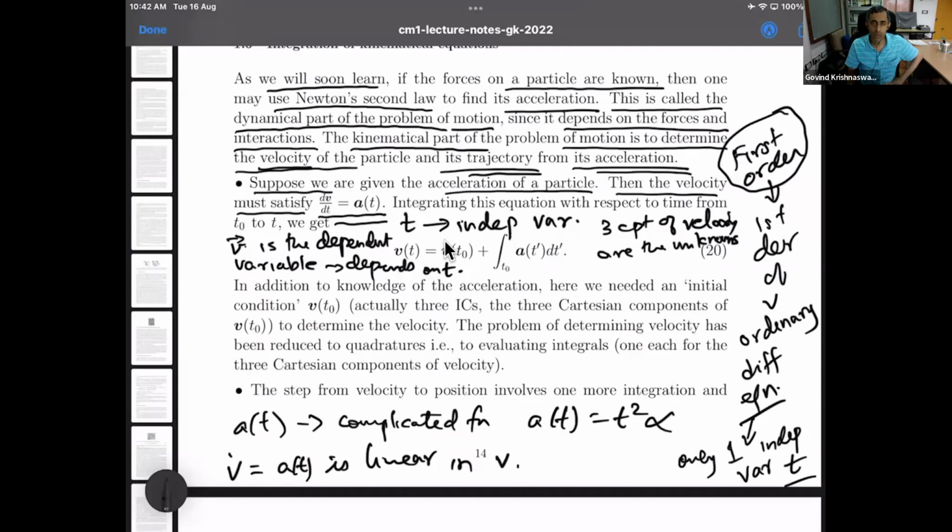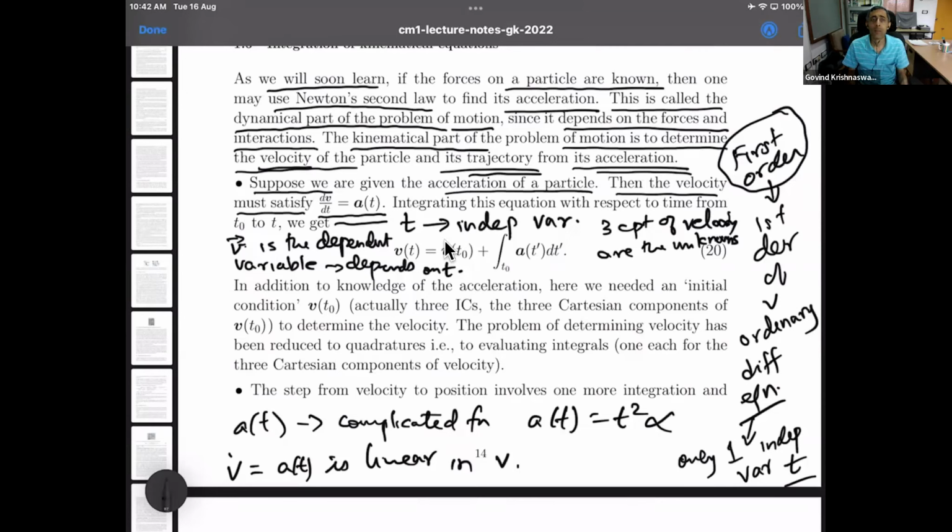It is called by a different name, which you can suggest to me. Partial differential equation. Indeed. Who was that? Dvitimaya Sahu. Yes. So indeed, if there is more than one independent variable, then it becomes a partial differential equation. But right now we are dealing with this one. So this is ordinary.